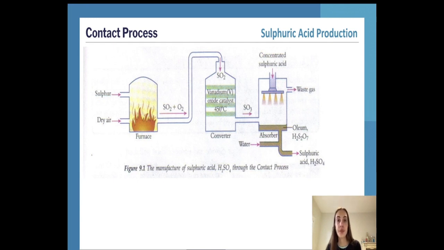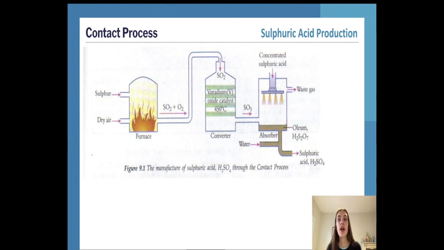The way we can do this by burning sulfur in an excess of air is if we take sulfur gas, S2, and burn that in oxygen, O2. That can then help us to produce sulfur dioxide. Our other method is using sulfide ores like pyrite.